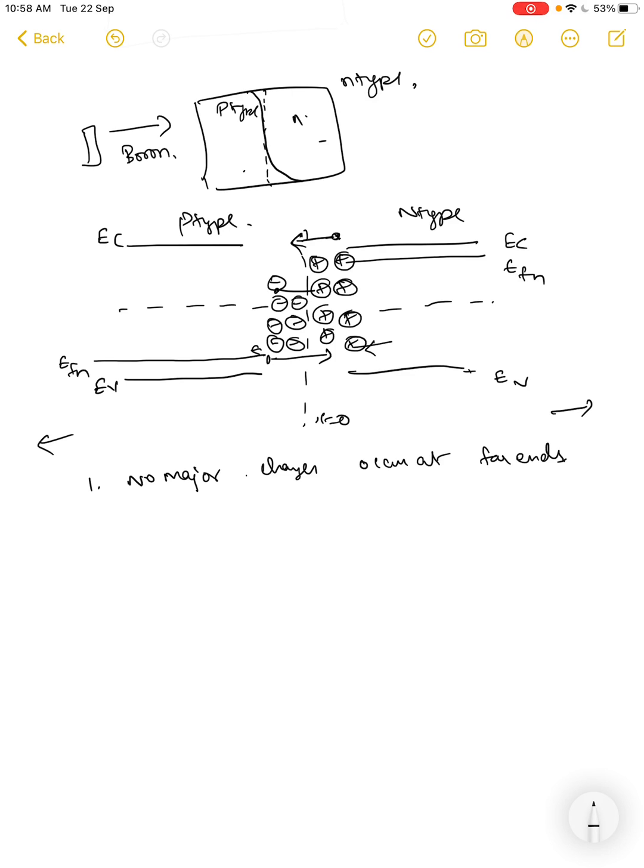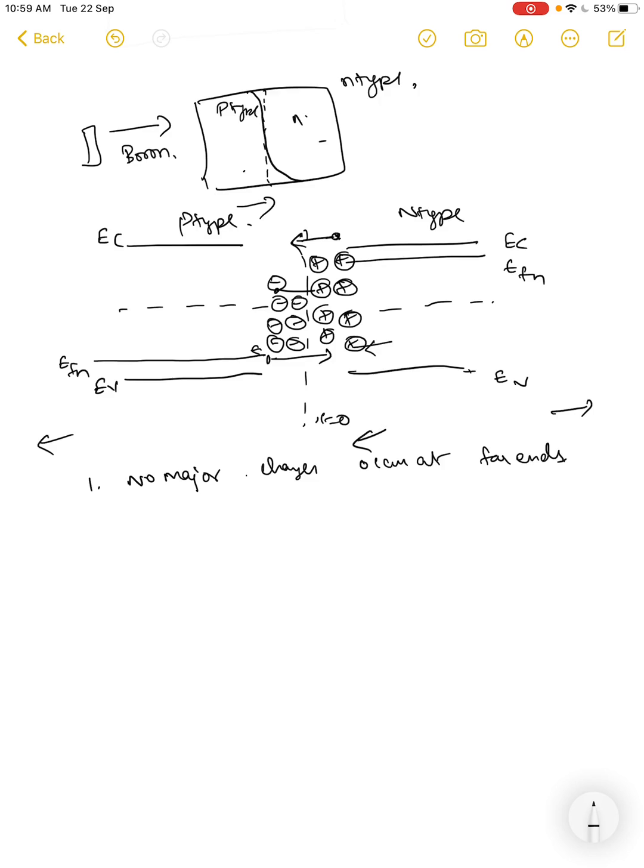So the holes want to move from left to right and the electrons want to move from right to left, but the charges that are formed at the interface will prohibit further diffusion, right? And so basically you will reach an equilibrium condition where no more charge exchange can happen either way, and you will have some sort of a charge potential which is formed at the junction, right?